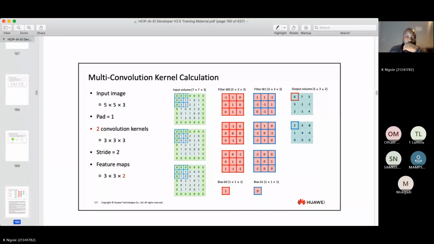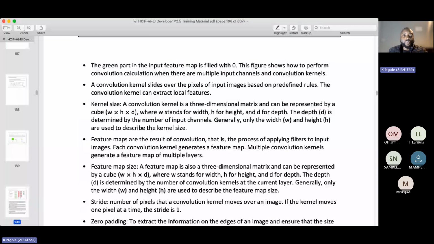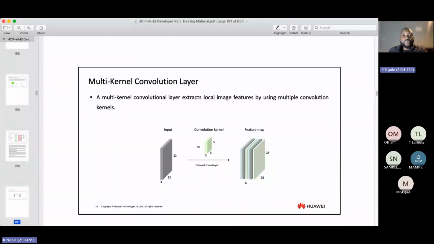So this is the input image that we have here. We can have multiple kernels. The first kernel is a 5x5x3, and with it we can get a feature map.